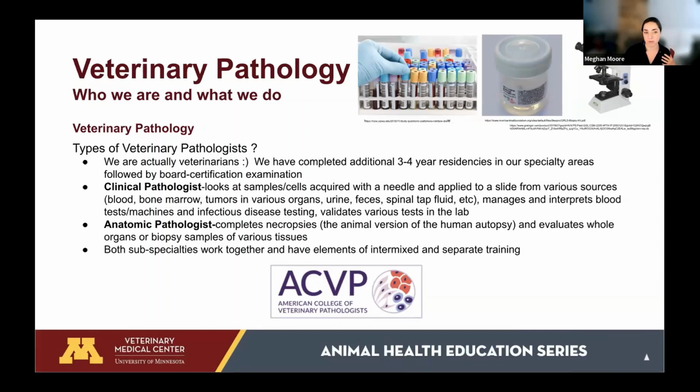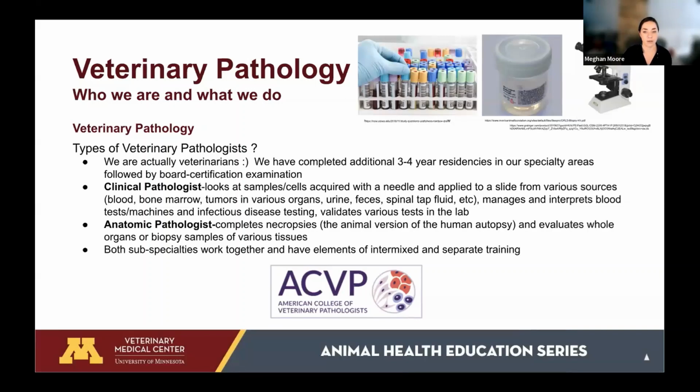So what is a clinical pathologist versus an anatomic pathologist? I like to think of clinical pathologists as dealing with anything that can be extracted with a needle for the most part. So all of the fluids and liquids and other things that you can acquire with a needle would fall under the purview of a clinical pathologist.